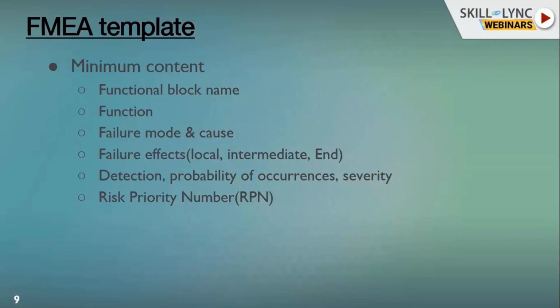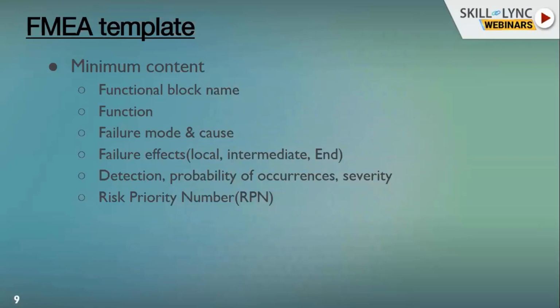And then the severity, how big is the impact of this failure. In general, this severity, the impact of a failure, is classified in 4 categories. There is catastrophic, where it means loss of life. And then there is critical, where it means personal injury.